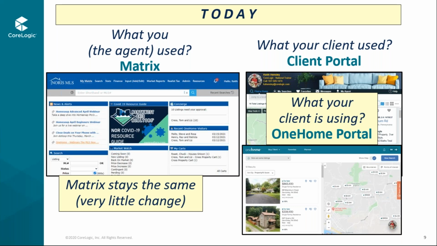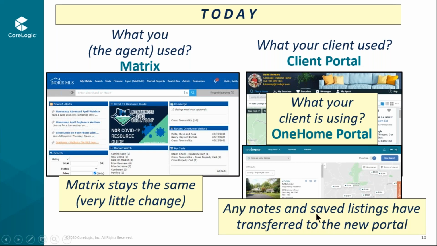Well, we don't want that, and you don't want that. So OneHome is now hopefully giving them more ability so that they'll stay on your portal, because what you're going to see in here is more data, more tools than they ever had before on their past client portal. And that's what I want to show you today, okay?